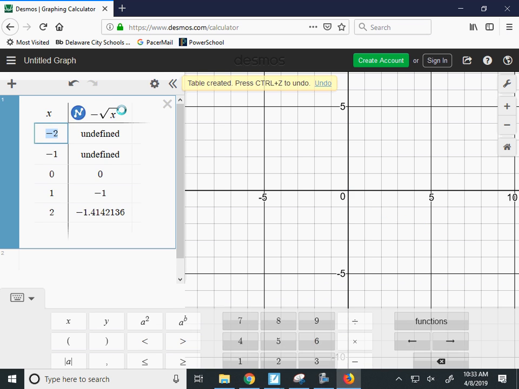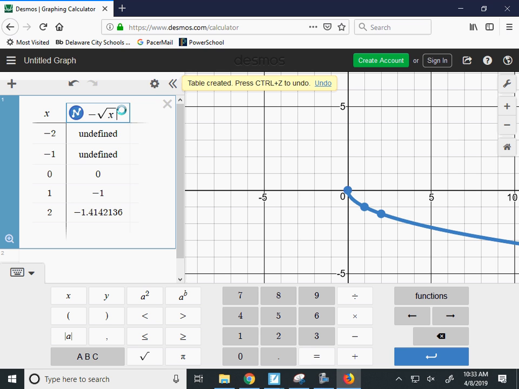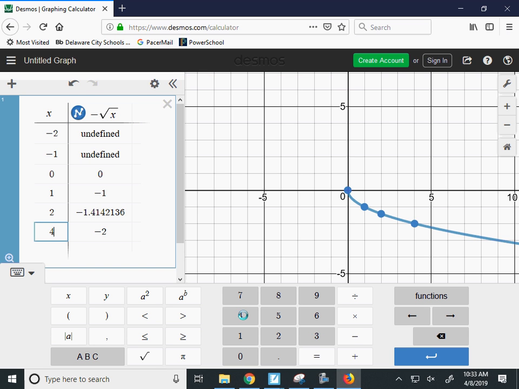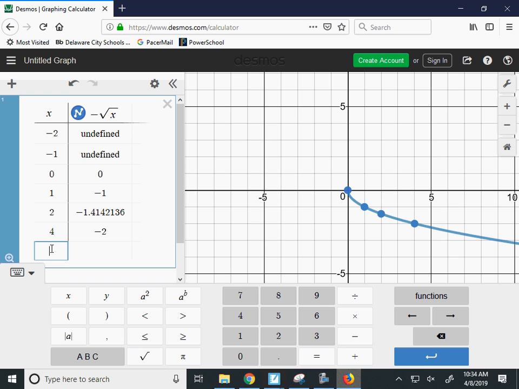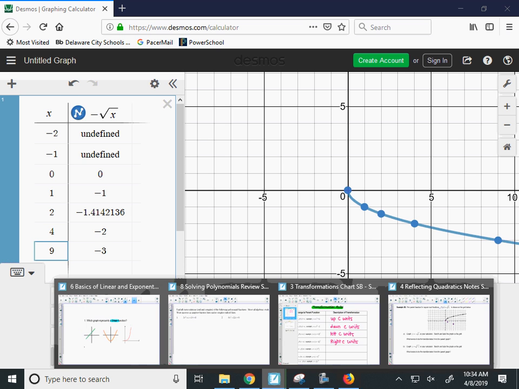And when I look at the table here, 0, 1, 2, I put in, I don't know, maybe 4, negative 2, that looks like it'll make a nice graph here. So we had 0, 0, 1, negative 1, I actually went down to 4, negative 2, and then if I put in here 9, give me 9, negative 3.